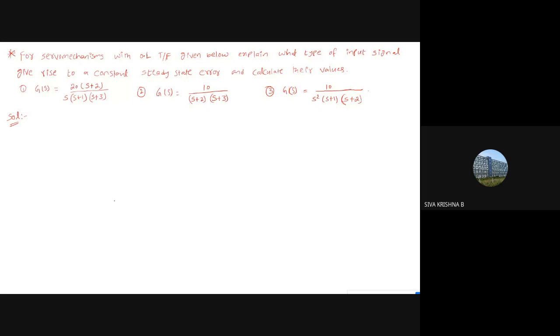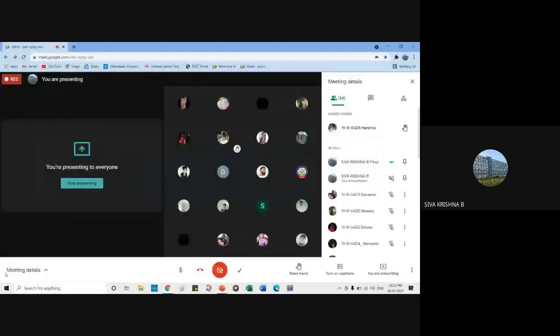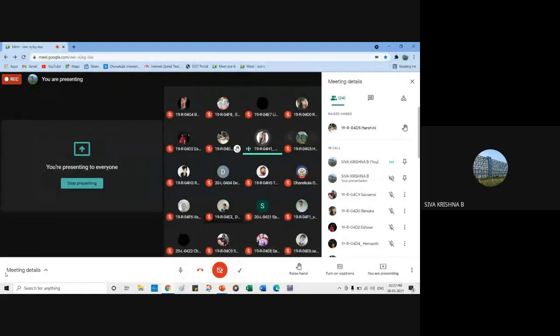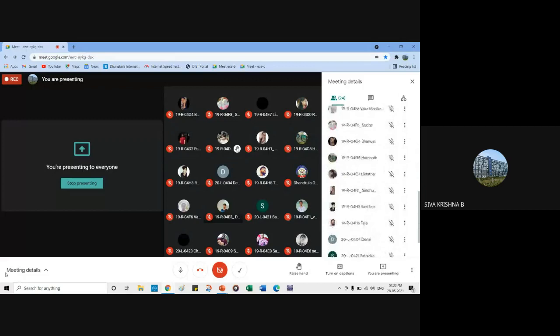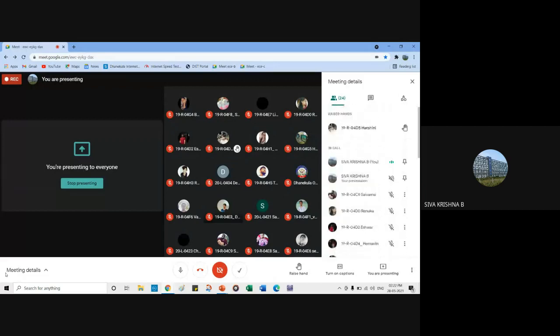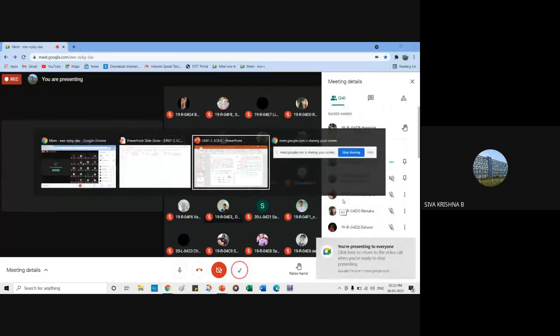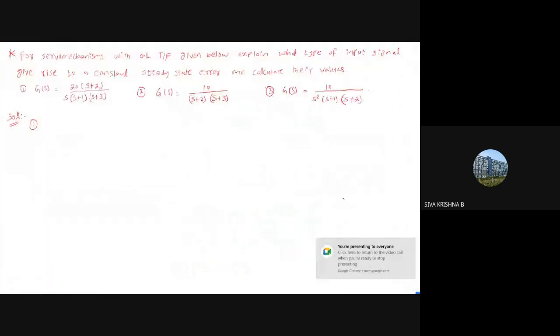Complete, and the question? Question complete and now. Yeah, okay, done. Given system is open loop transfer function with the type of input signal.